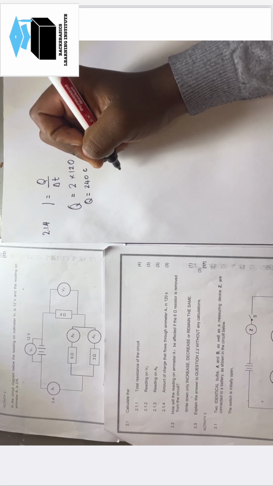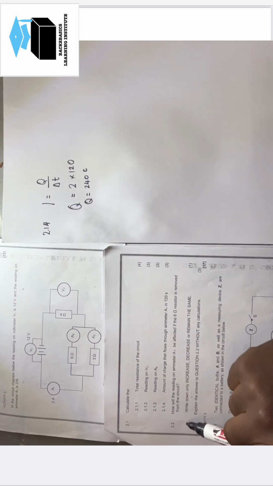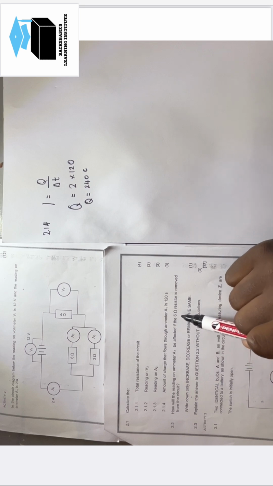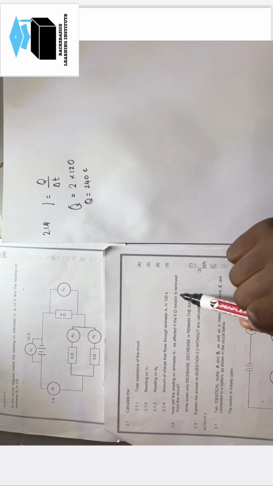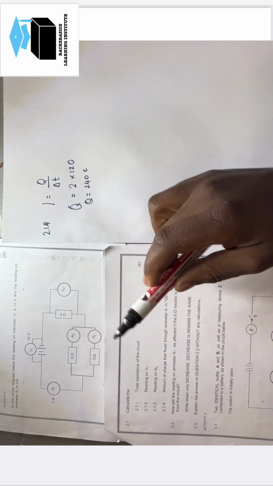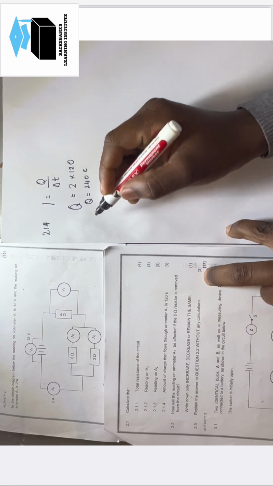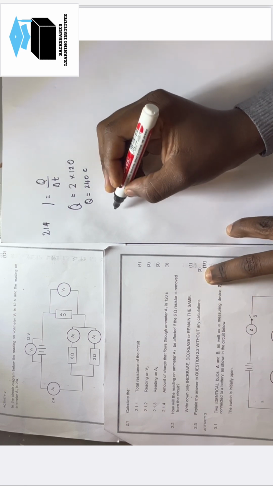Now let's look at 2.2. In 2.2, they're saying, how will the reading in A1 be affected if the 6 ohm resistor is removed from the circuit? Let me just draw this diagram.